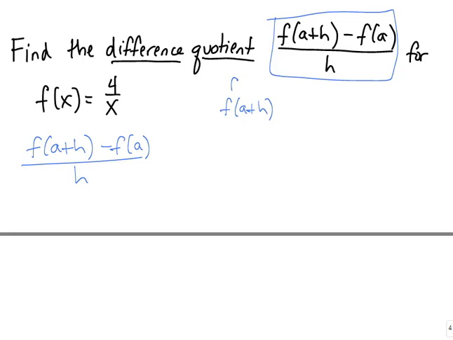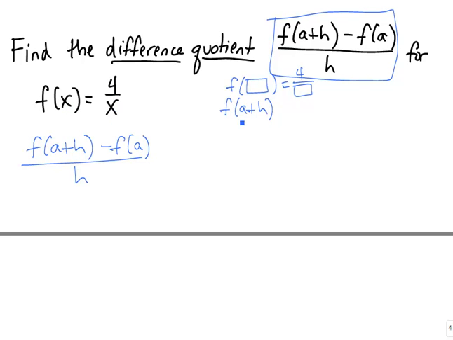Well, the function f says f of whatever your input is should be 4 over that input. So if I have x, then I'm going to have 4 over x. If this was y, then it would be 4 over y. If it was 7, then it would be 4 over 7, for example.